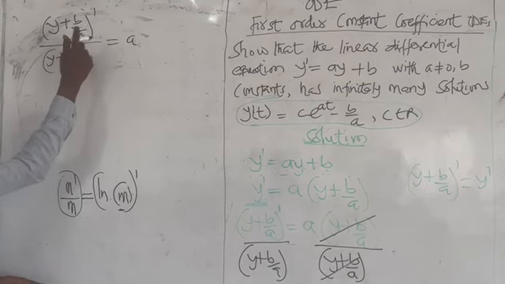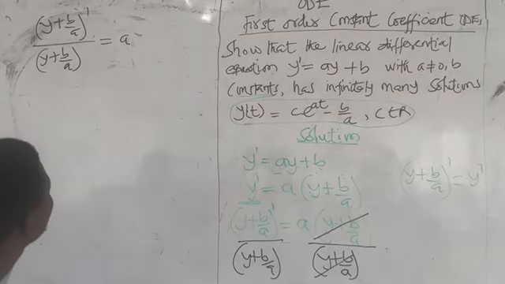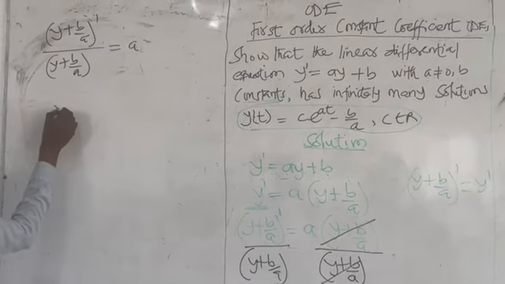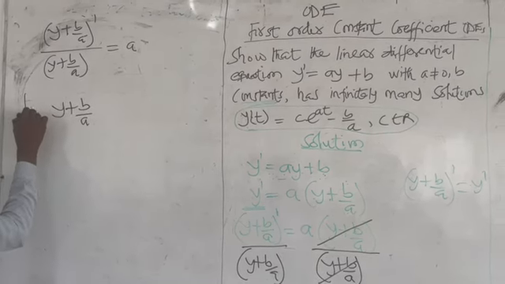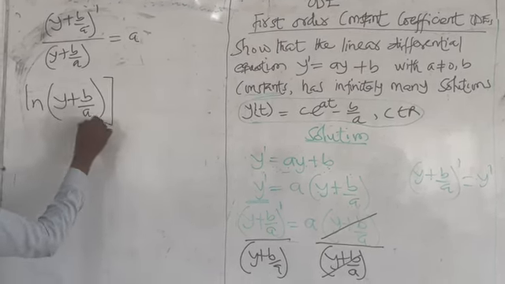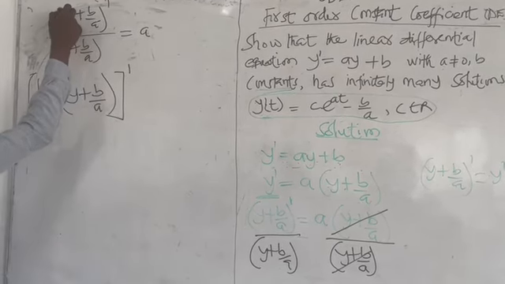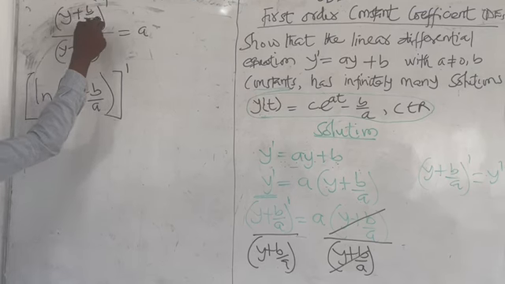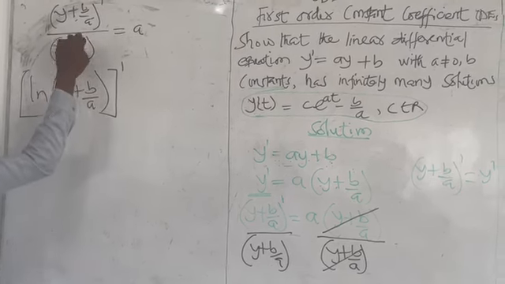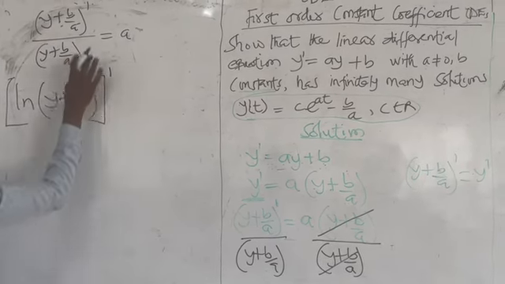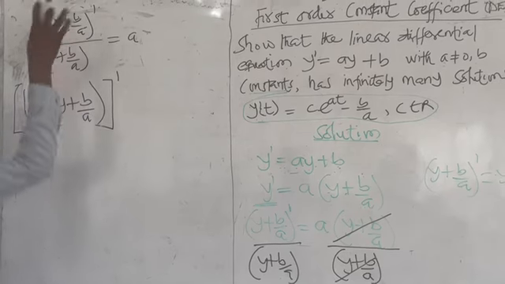So I can rewrite this one as the ln of y plus b over a, derivative. When you differentiate this, it will be y plus b over a derivative divided by the function itself, y plus b over a. I haven't done anything to this one. So when you differentiate this one, it will take you back to this place.